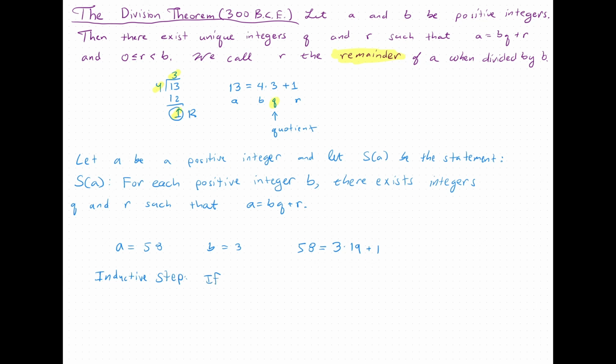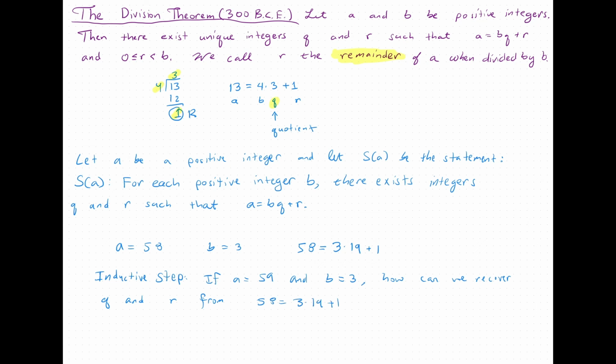So if A is equal to 59 and B is equal to 3, how can we recover Q and R from 58 equals 3 times 19 plus 1.